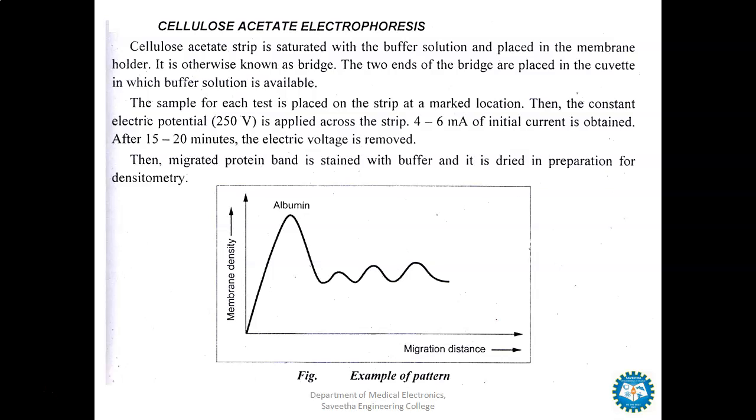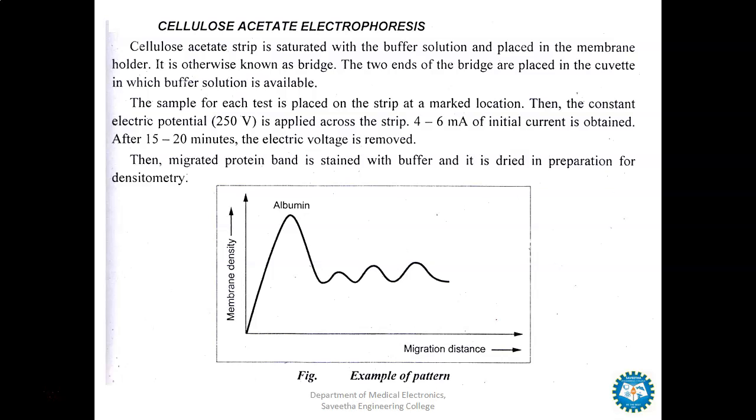The two ends of the bridge are placed in the cuvette in which buffer solution is available. The sample for each test is placed on the strip at a marked location. Then a constant electric potential of about 250 volts is applied across the strip, and 4 to 6 milliamps of initial current is obtained. After 15 to 20 minutes, the electric voltage is removed.